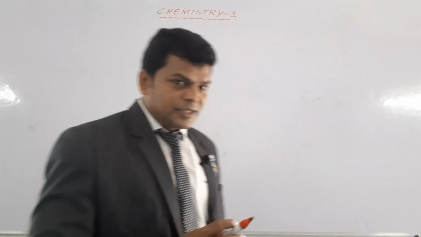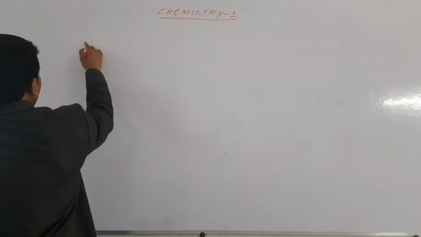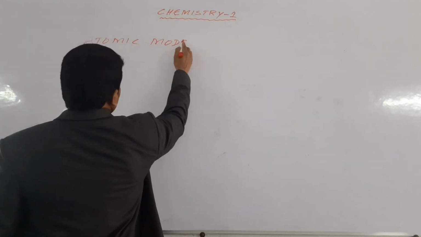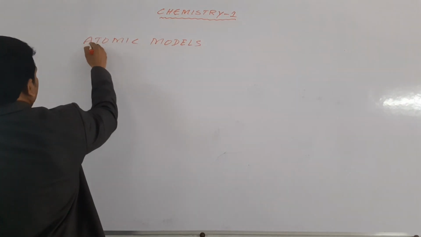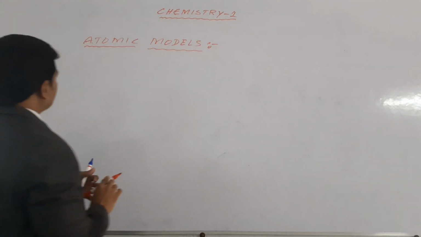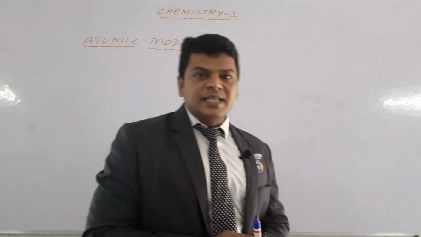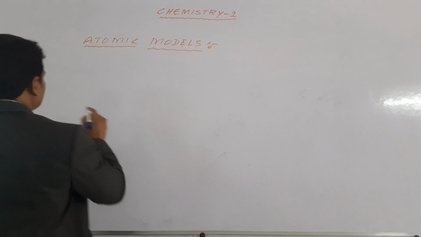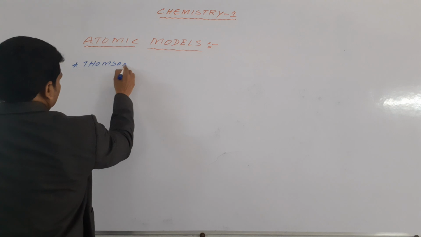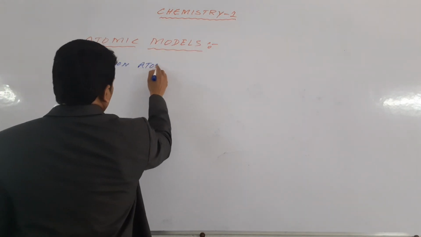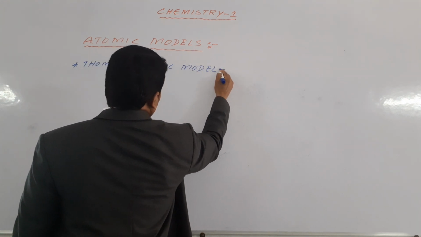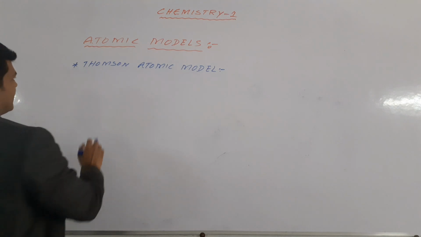So now we are going to discuss atomic models. The first atomic model was given by J.J. Thomson, the Thomson atomic model.